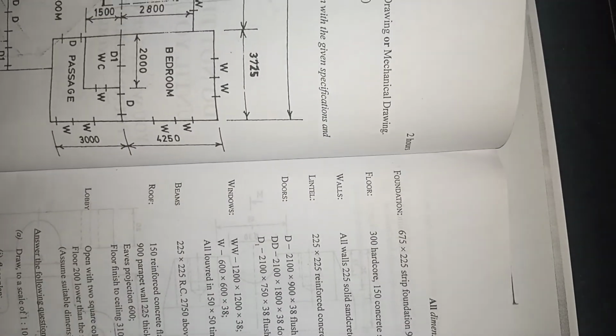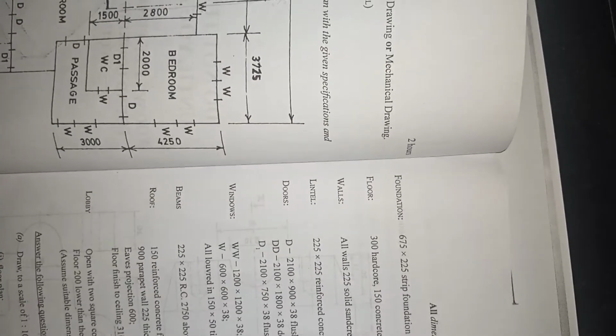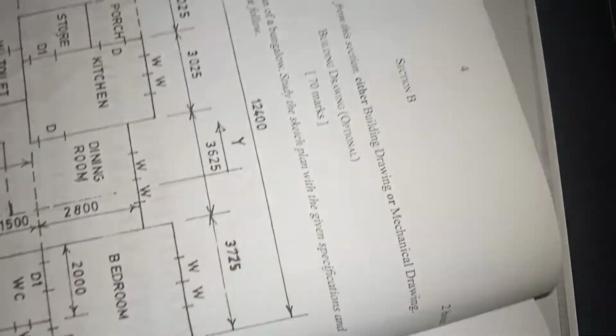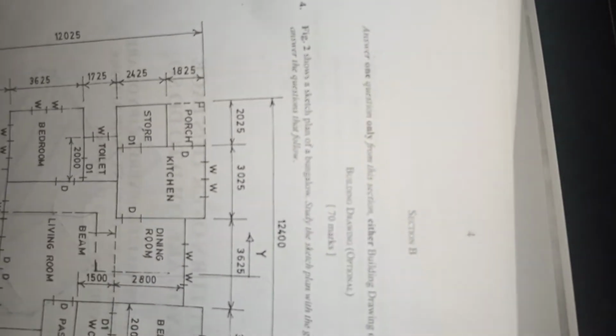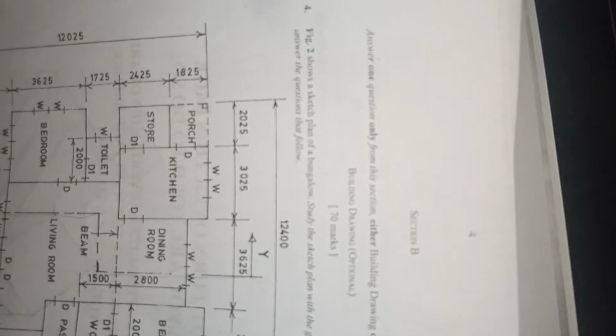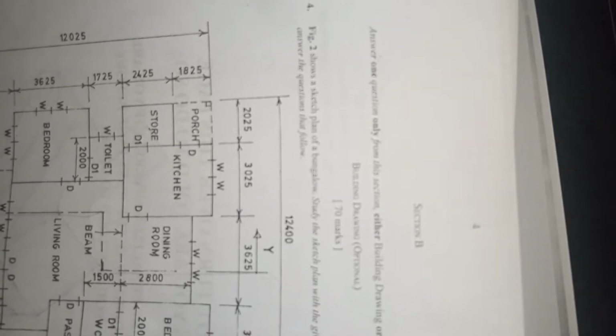And there are two main questions that once a student is able to do justice to those two questions, he will earn 70 marks. One of them is question 4, that is building drawing.